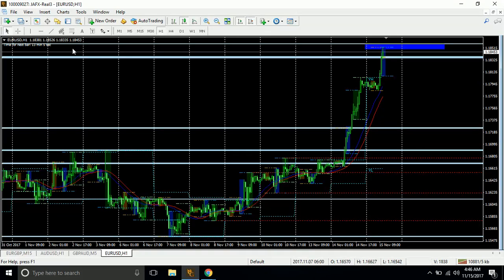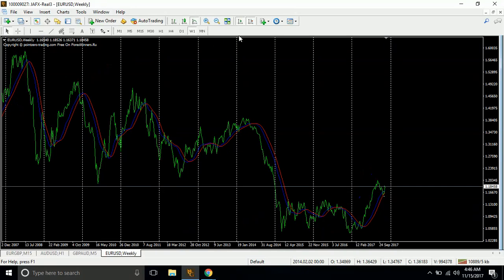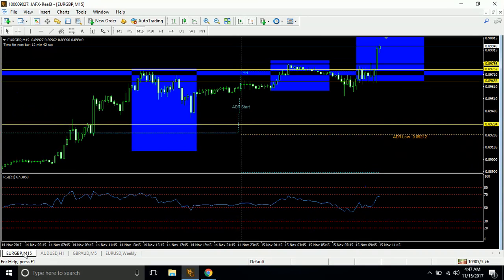Okay, Euro USD. Let's go to the Euro USD. First things first, I pull out my line chart so I can find some of these zones in here.